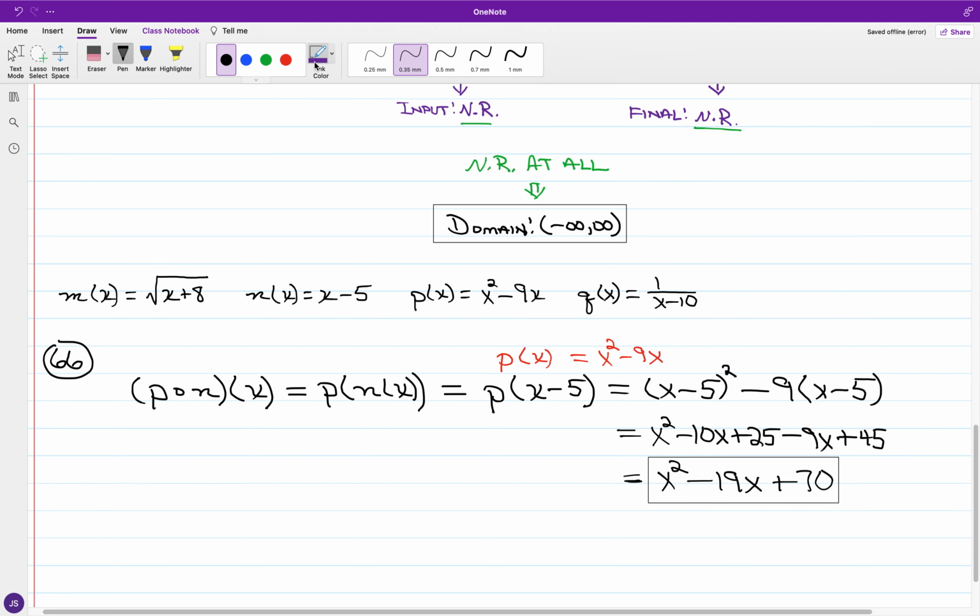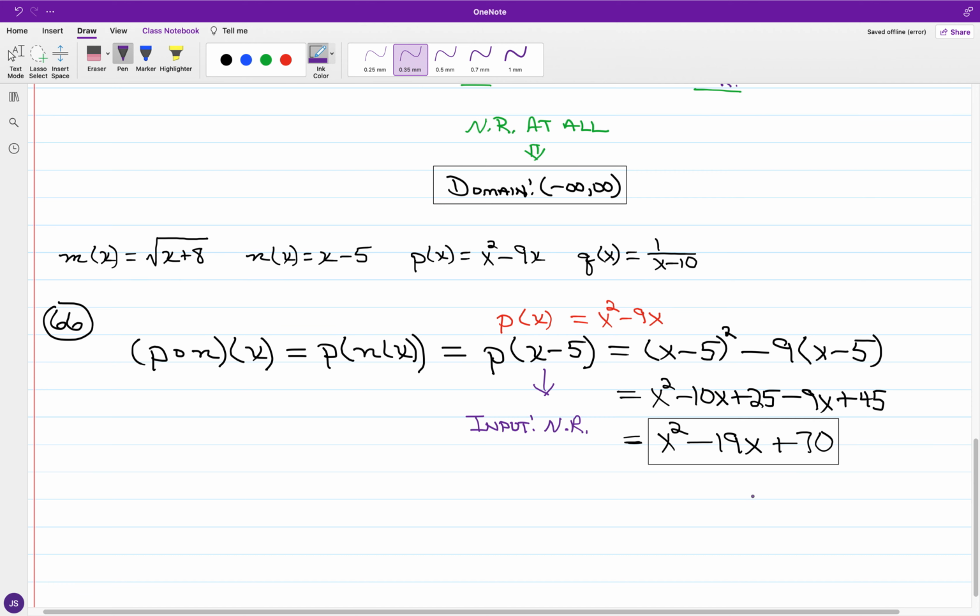Looking at what we have for the domain for x minus 5, you have a bit of history to repeat. It's a different input, but again, there's no even root, radical, or fraction, so there's no restriction. And likewise, with the final output, we have no restriction.